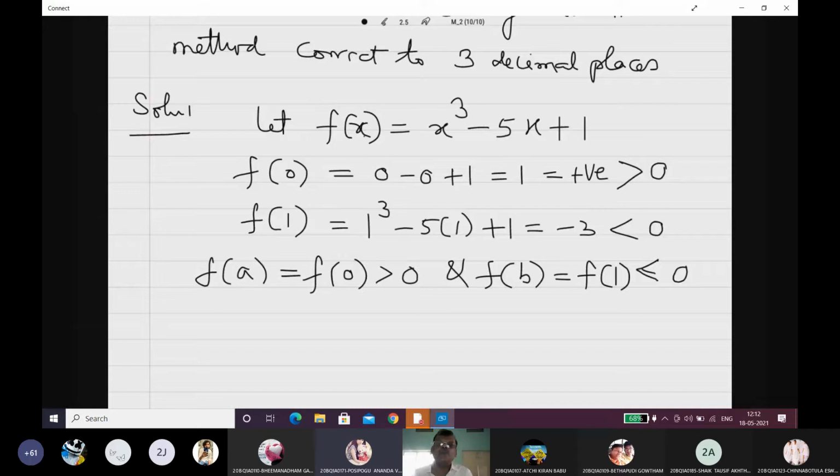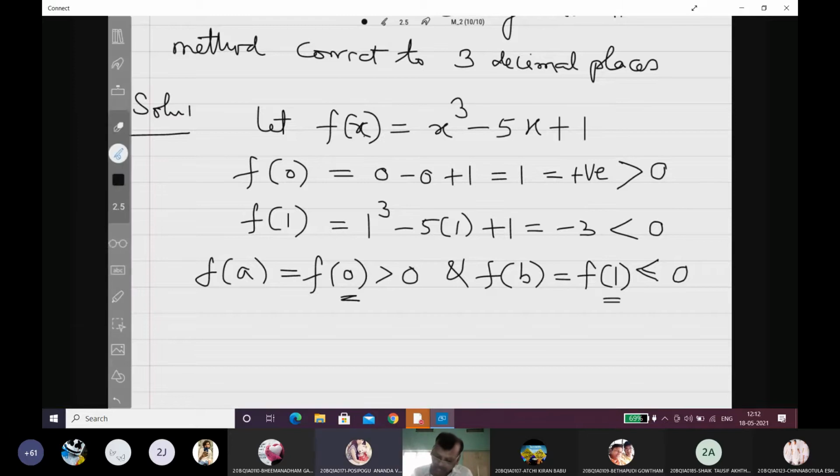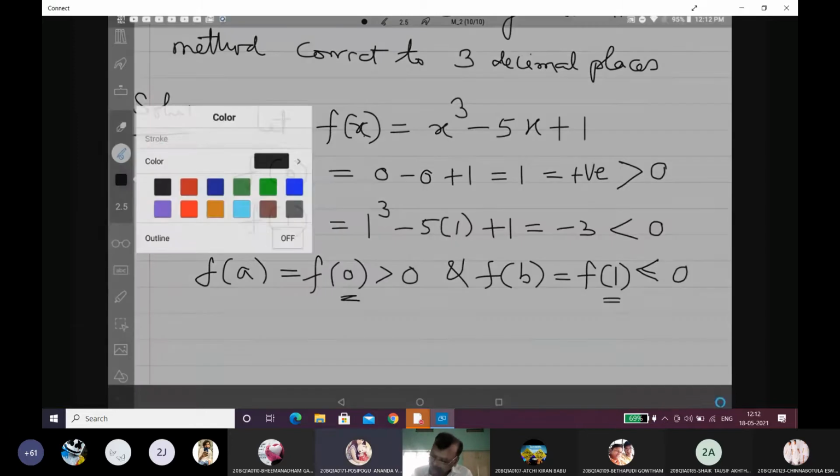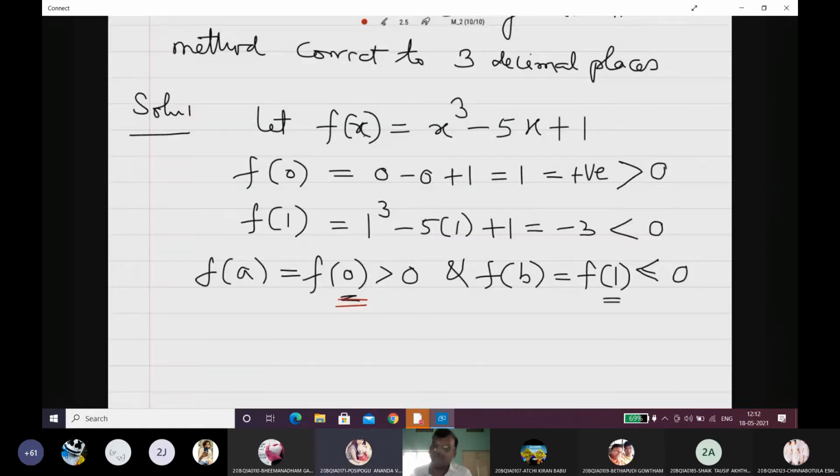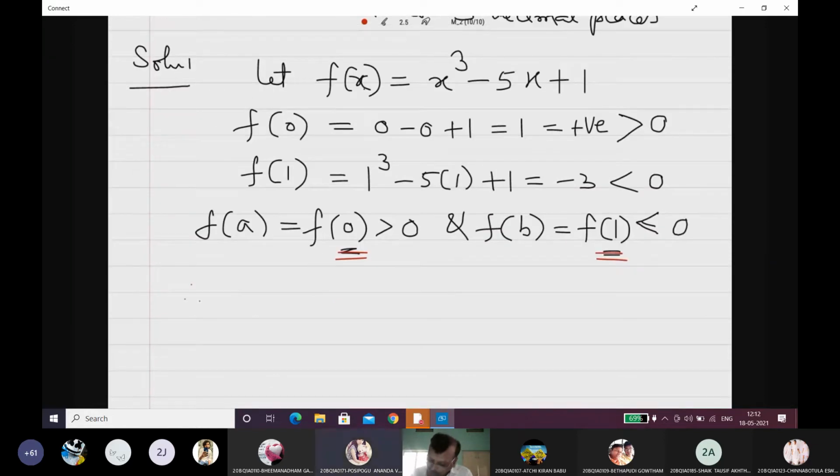That means one is positive and the other is negative. Therefore, the root lies between 0 and 1. That is very, very important, that we have to write down. Therefore, one root lies between 0 and 1.